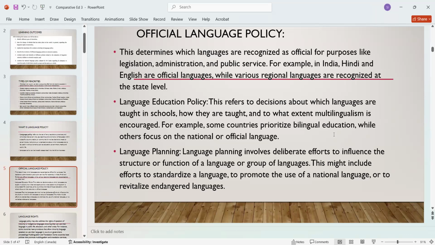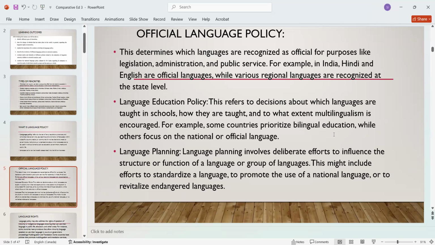So, for example, in India, Hindi and English are official languages, while various regional languages are recognized at the state level. So official languages are already decided by the government, but to satisfy the minority people, various regional languages are recognized at the state level.